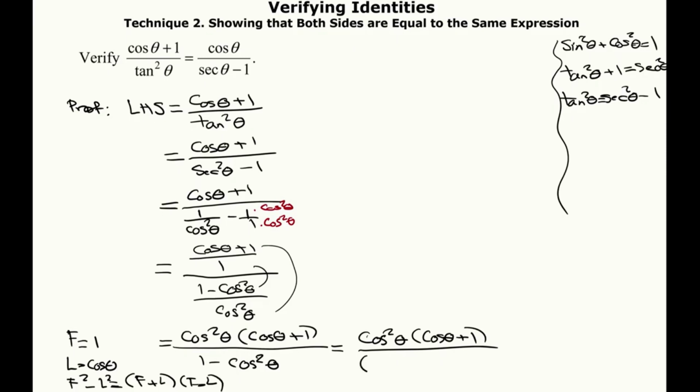So we end up with 1 plus cosine theta times 1 minus cosine theta, and of course 1 plus cosine theta and cosine theta plus 1 are the same by additive commutativity, so we can go ahead and cancel those, and we end up finally with cosine squared theta over 1 minus cosine theta.